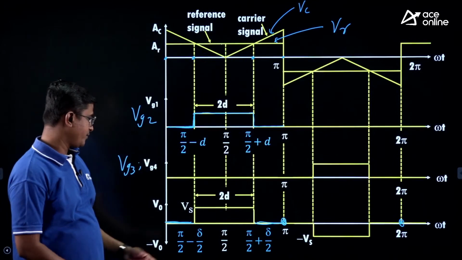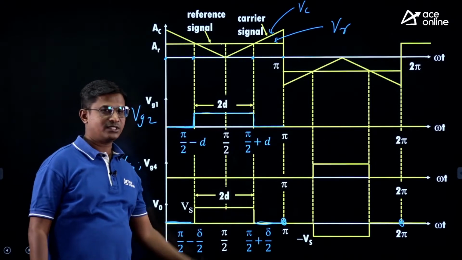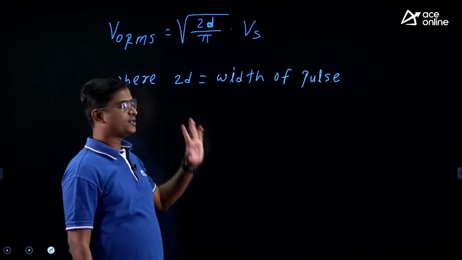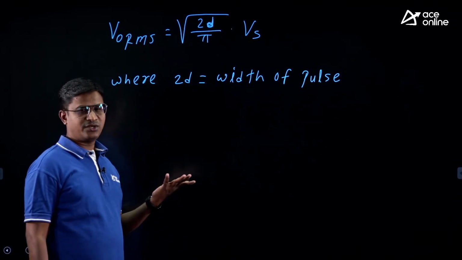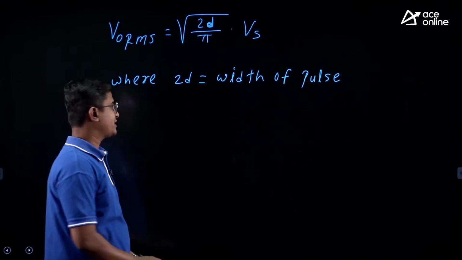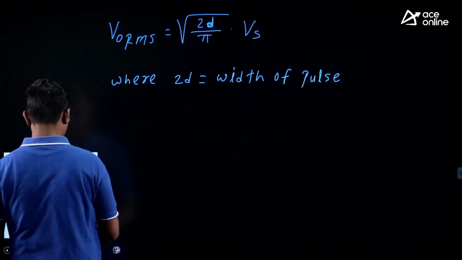So 2D is the width of the pulse. And what is Vs? Vs is the input voltage to the inverter.